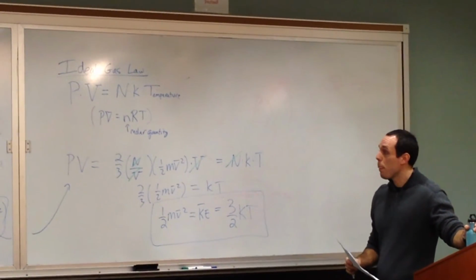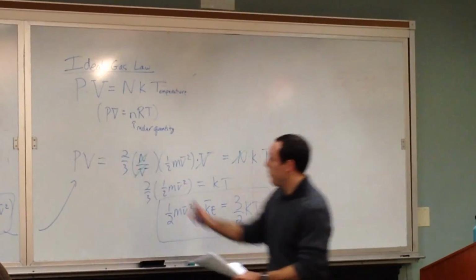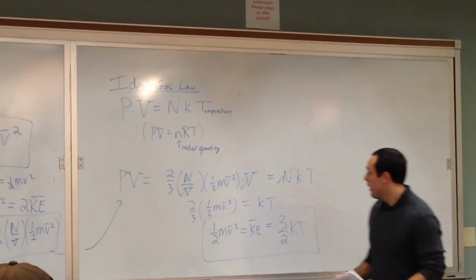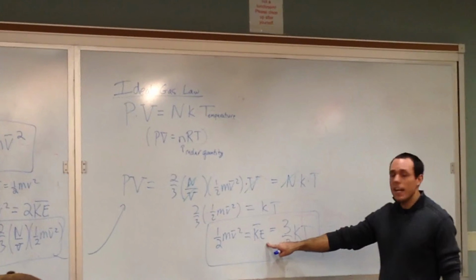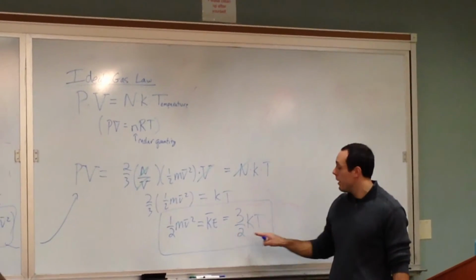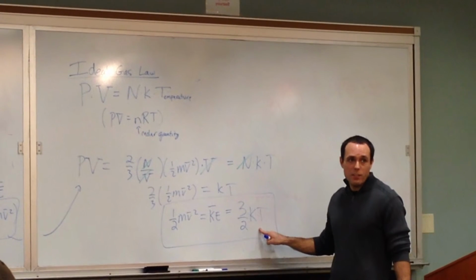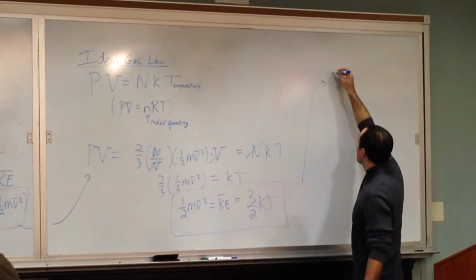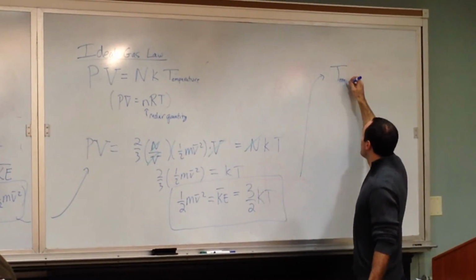So I now can say the average kinetic energy of N gas molecules is related to 3/2 a constant, Boltzmann's constant, multiplied by temperature. And this gives us what temperature really is.